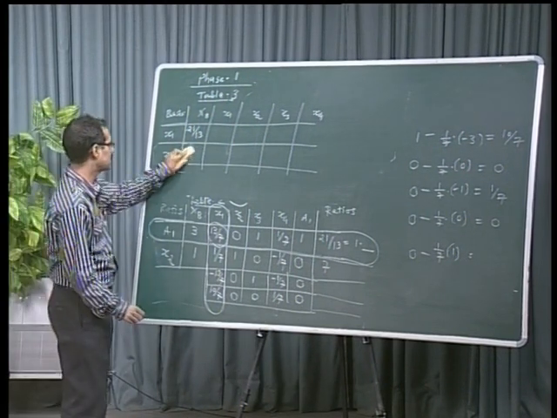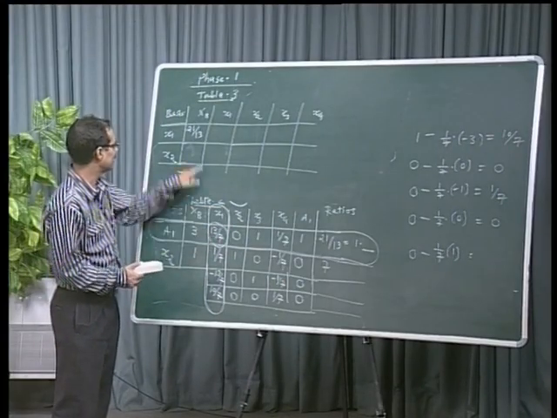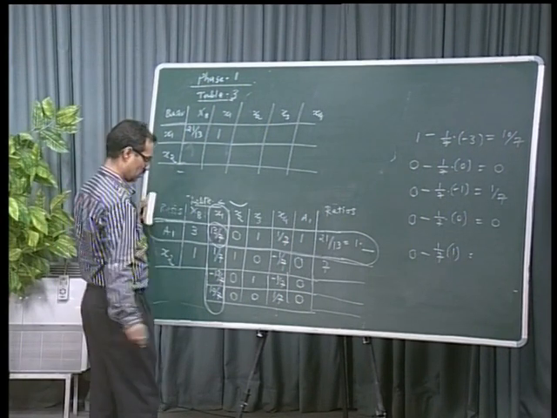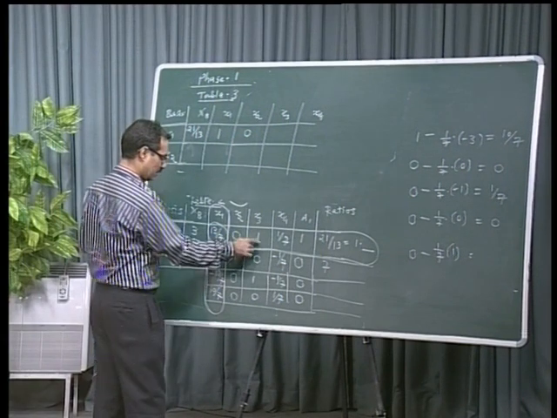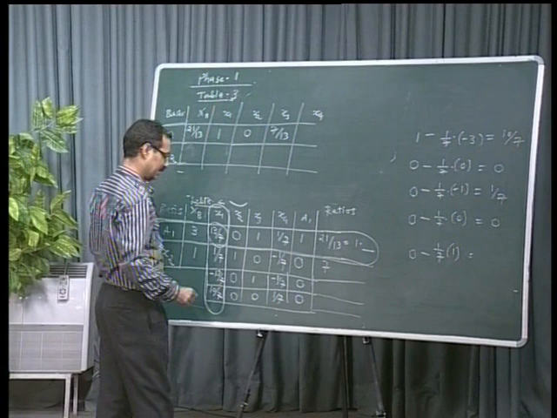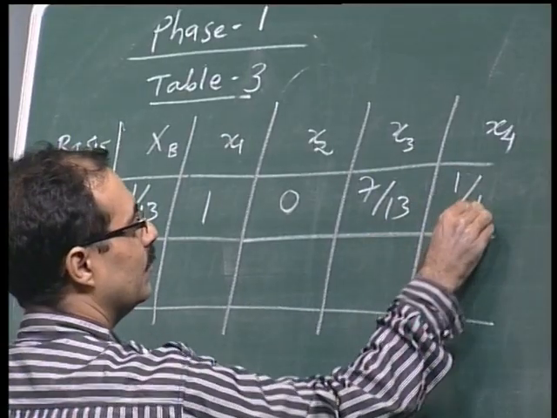Oh, 1 does not come here, actually we do it row wise. So, 3 divided by 13 by 7 giving this, 13 by 7 divided by 13 by 7, only 1, 0 divided by this 0, 1 divided by 13 by 7, 7 by 13, 1 by 7 divided by 13 by 7, 1 by 13.